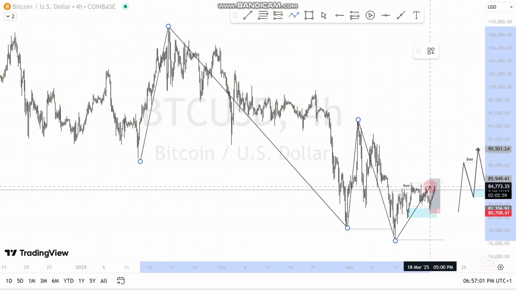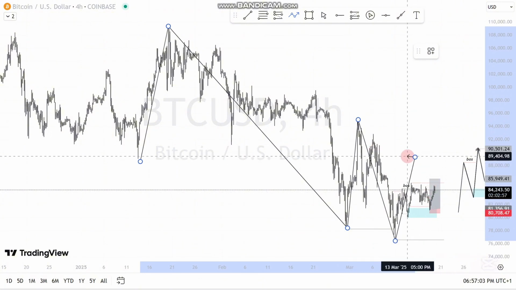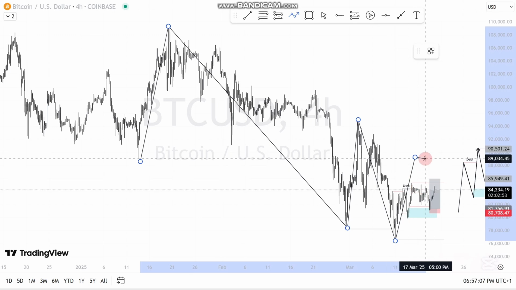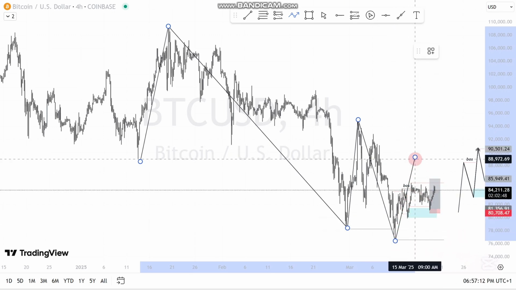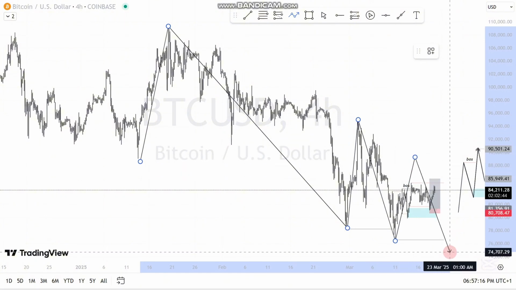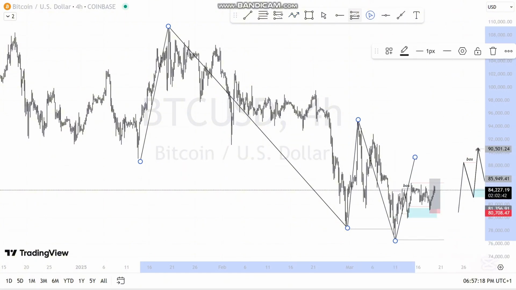Then what is price creating? A lower high. But before price creates this lower high, price will actually buy to get into this 50% discount to look for a valid zone to sell. That's just what BTC is doing.